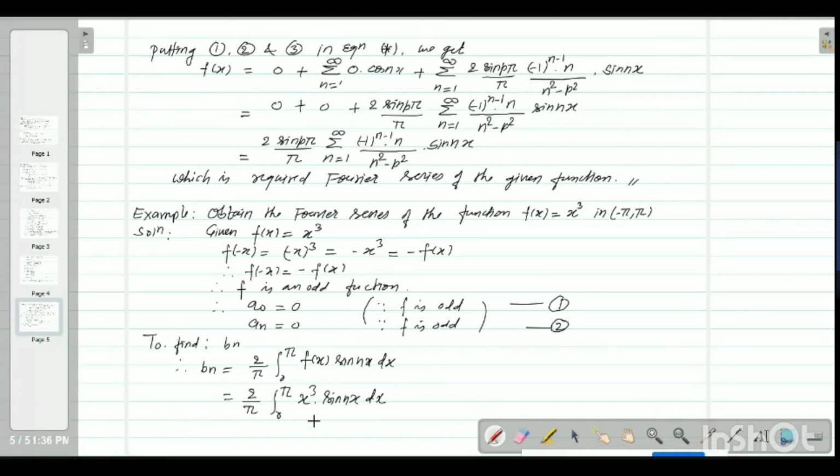Here we will use generalized integration by parts. Let us move to the next page. So we have b n equal to 2 by pi, integration of limit 0 to pi of x cube sin nx dx.